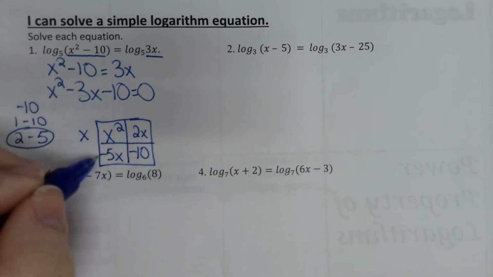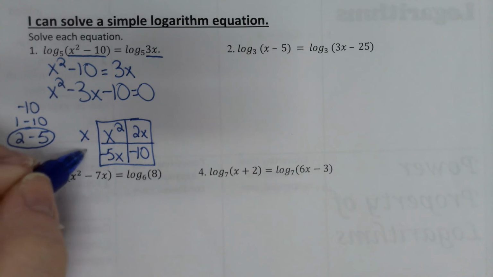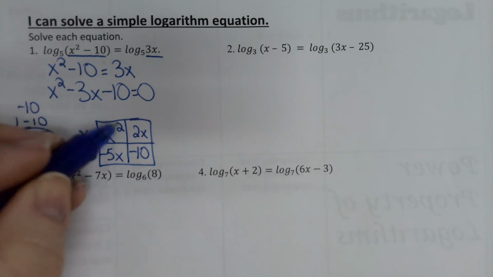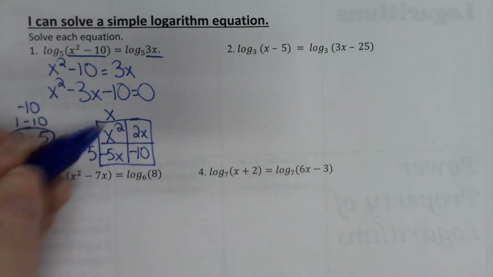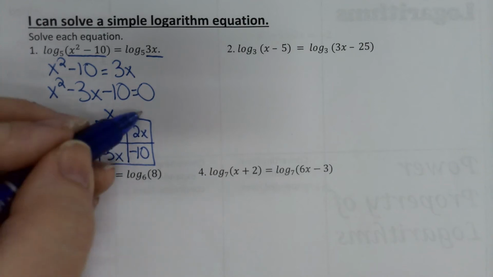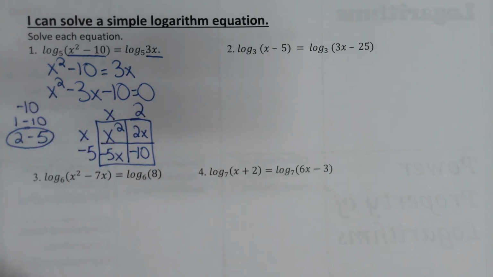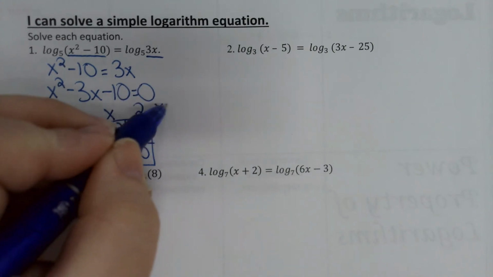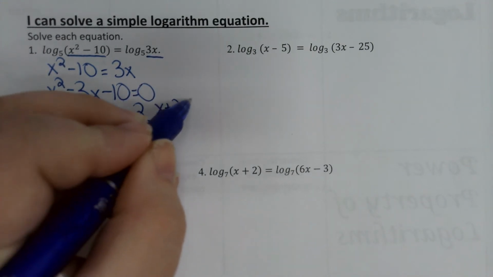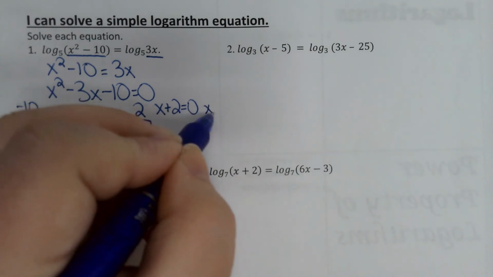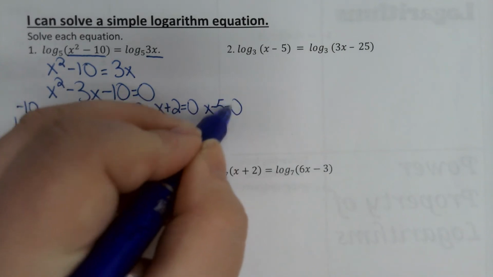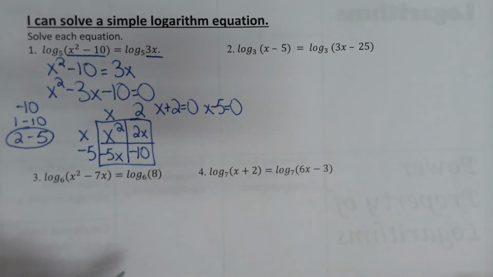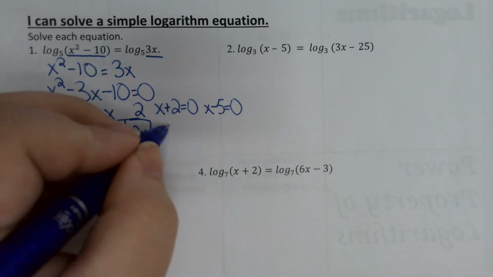Out of the bottom row, I can take a negative 5. The left side, an x, and the right side, I can take 2. So we're going to set each of those factors equal to 0 to see our potential solutions. Remember, I say potential because there could be extraneous solutions. So I subtract 2 from both sides.